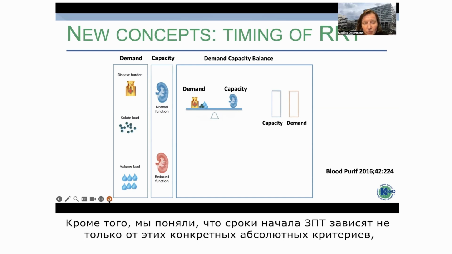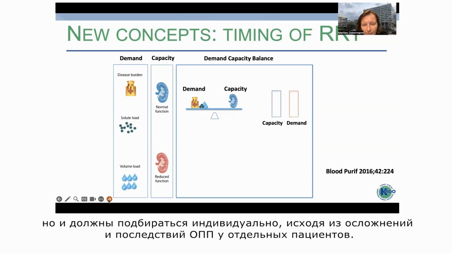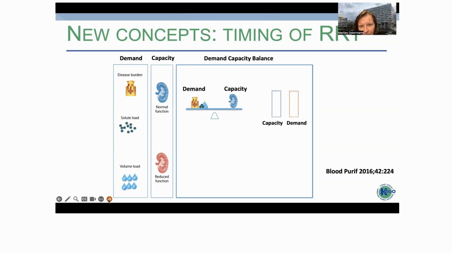Furthermore, we now know that timing and initiation of renal replacement therapy not only depend on these particular absolute criteria, but need to be individualized based on the complication and impact of acute kidney injury in individual patients.